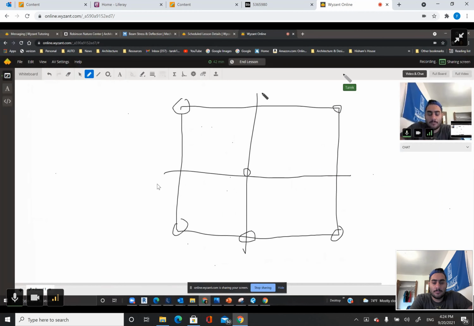And you've determined that the weight of this slab and the loads are like 1,000 pounds per square inch. That's how much load is on that slab.